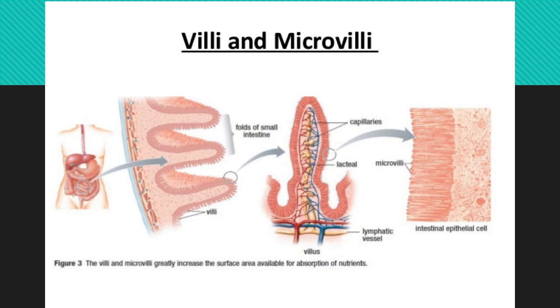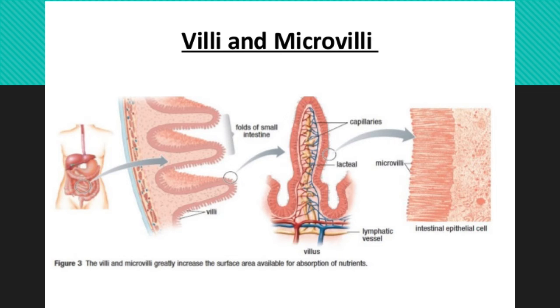here is that picture that I talked about, and you can see the villi and microvilli. I'm going to start on the left-hand side of this picture and work through. You can see there in that little blue circle that is the small intestine. Each one of these pictures, as you progress further to the right, is more and more zoomed in.